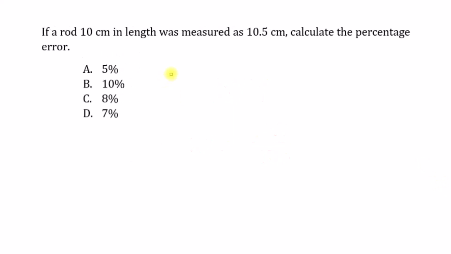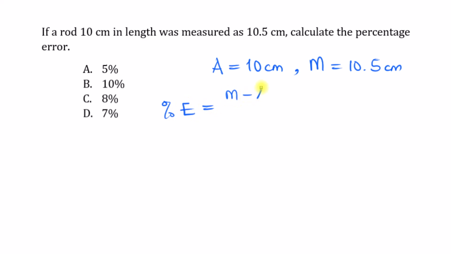Even though this is also direct, let me just lay my hand on this. A rod which is 10 centimeters in length, so the actual measurement is 10 centimeters, was measured as 10.5 centimeters when it ought to have been 10 centimeters. The percentage error in this case is going to be the measured value minus the actual, over the actual, multiplied by 100%.